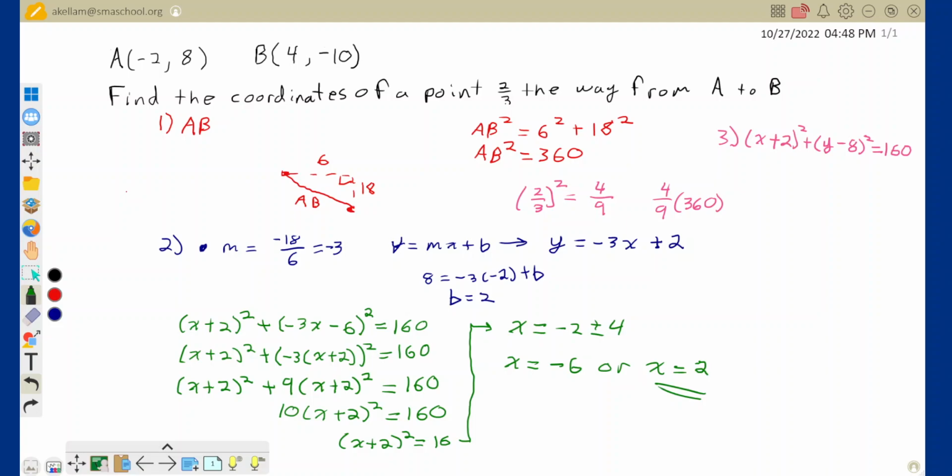So if we do that back substitution, we end up with y equals -3 times 2 plus 2, or -6 plus 2, which is -4.